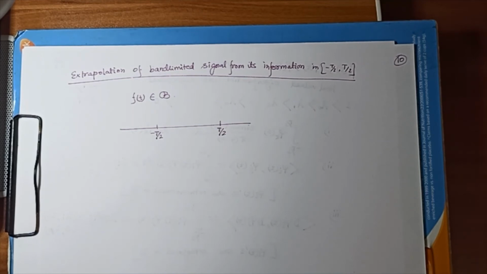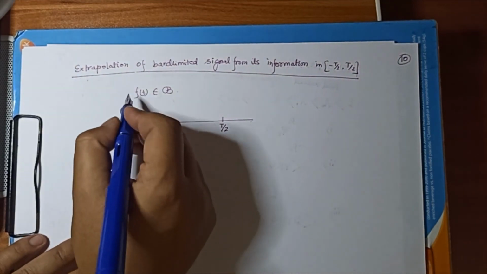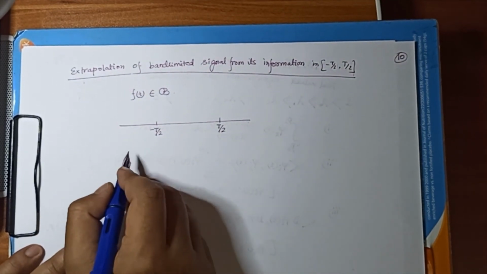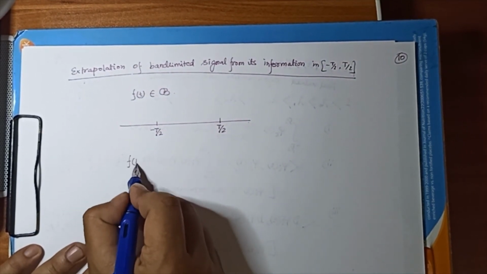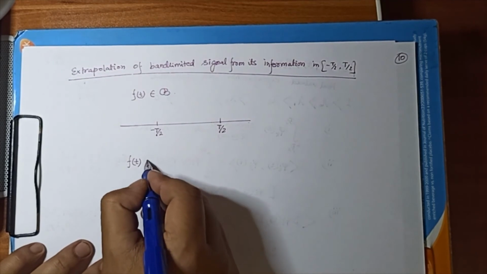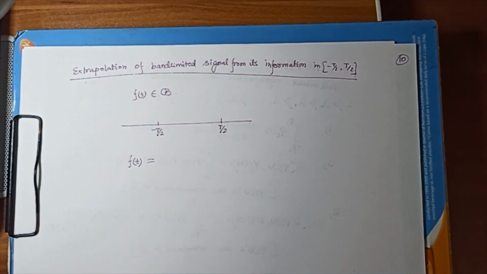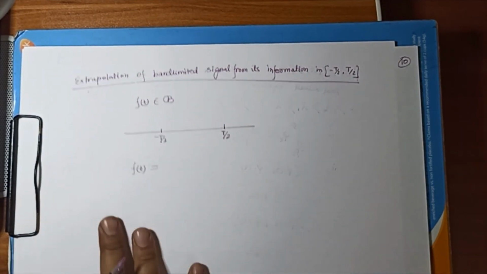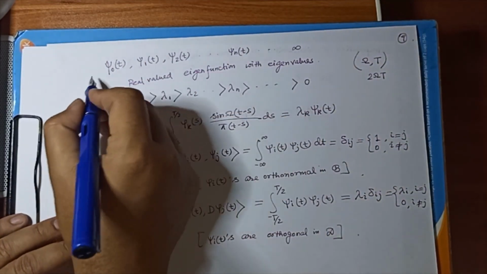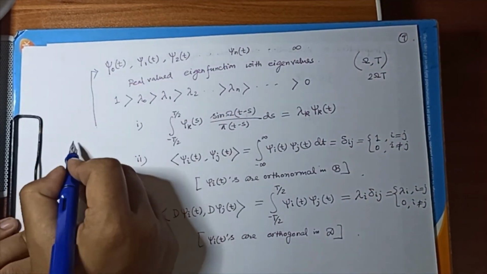However, with our expansion, you can expand f(t) using a Fourier series, and the basis functions of that Fourier series are these prolate spheroidal wave functions.